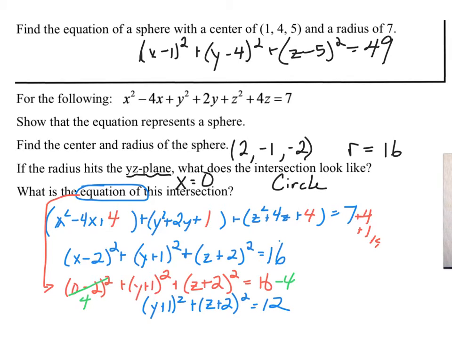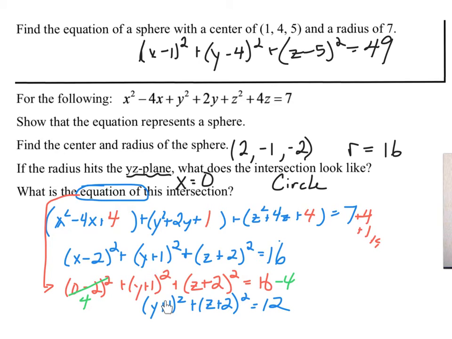So you'll notice this is a circle in the YZ plane. It looks a little weird because we're used to seeing them with x's and y's, but this should make sense. It doesn't need an x coordinate if it's not involving x at all. And if it's in the YZ plane, then it wouldn't need x.